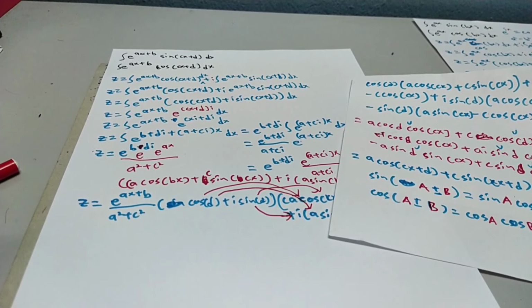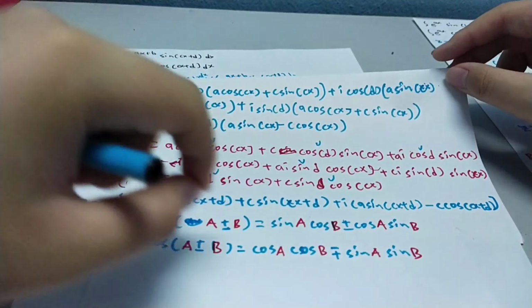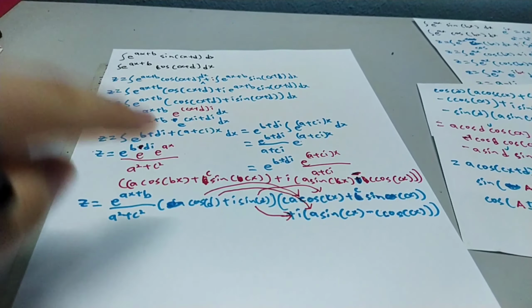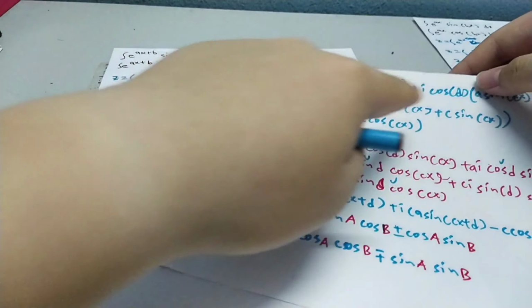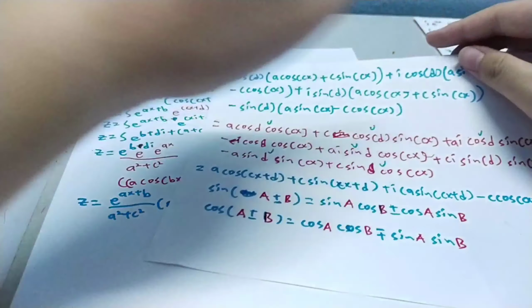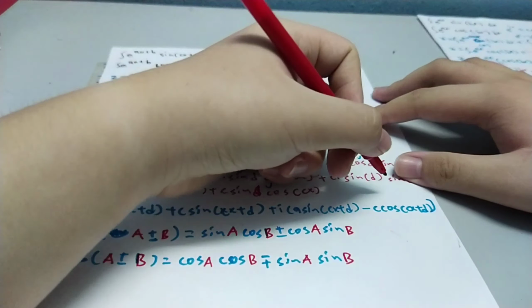Now, the final process. We have already done this whole insane expression. Now let's do this one. We already expanded this, so this one is equal to this, which is equal to this, which is finally equal to this one.